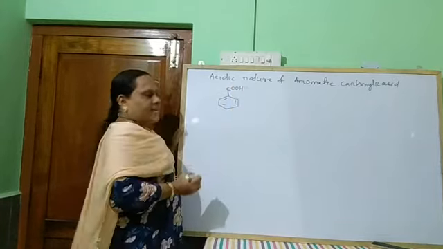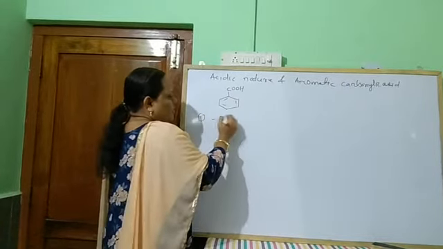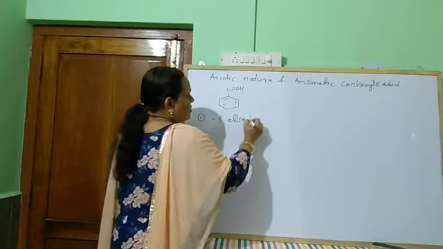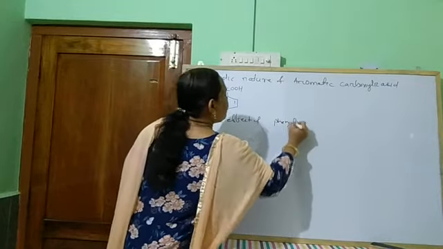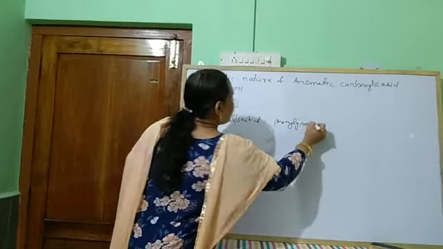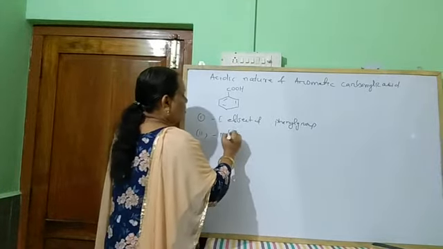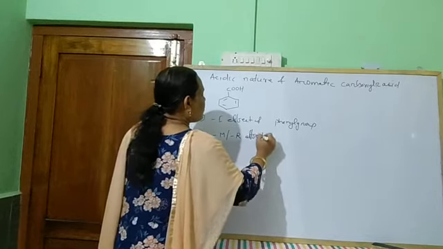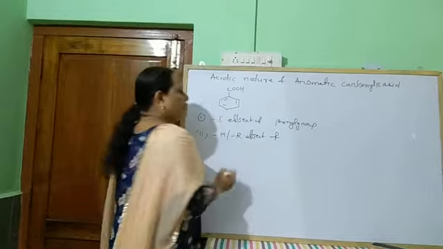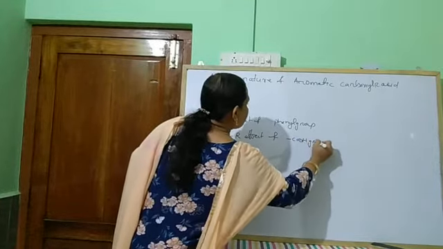Here two effects arise. One is the minus I effect of a phenyl group, and another is the minus M or minus F effect of the COOH group.